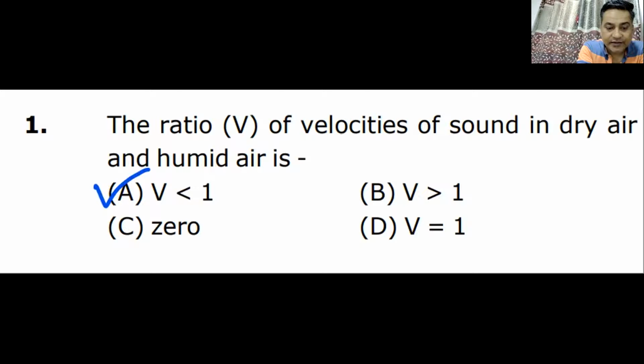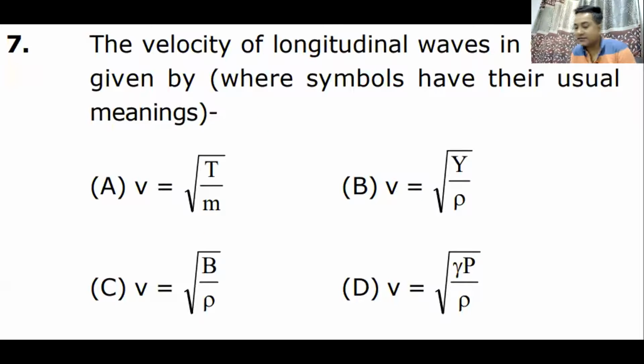Let us now come to the next question, and the next question is question number 7. The velocity of longitudinal waves in solid is given by which of the formulas? A, B, C, D. The symbols have their usual meanings. What is the answer for this one?